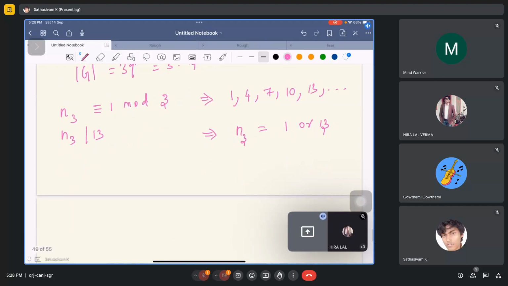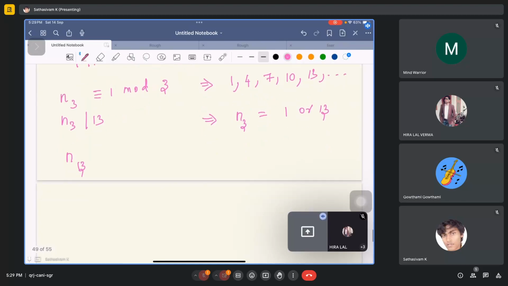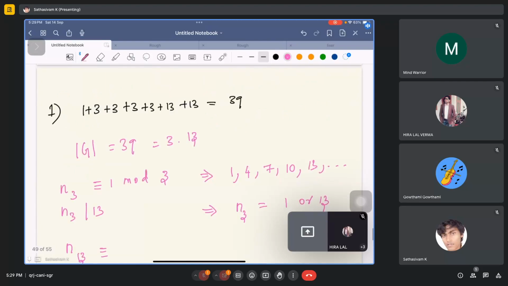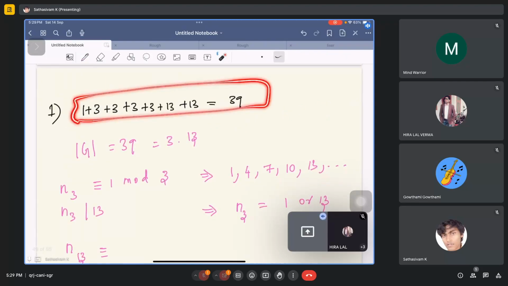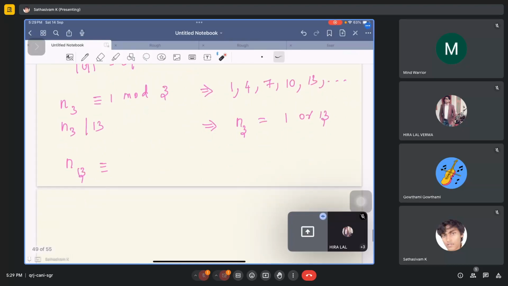Now what about n13? For n13 we can also do the same thing. Although this is not our ultimate aim, I just want to compute everything about the Sylow theorems so that we can have an idea how to compute these things.